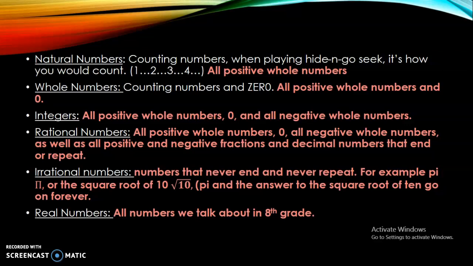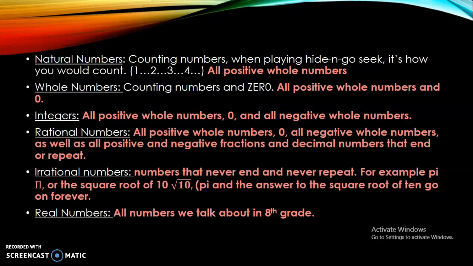And then we're looking at rational numbers. Rational numbers are all positive whole numbers, 0, all negative whole numbers, as well as all positive and negative fractions and decimal numbers that end or repeat. What does that mean? Any fraction that you can think of is going to be rational: 5/10, 2/3, 1/2. Any decimal number that you can think of is going to be rational: 2.4, 5.7.